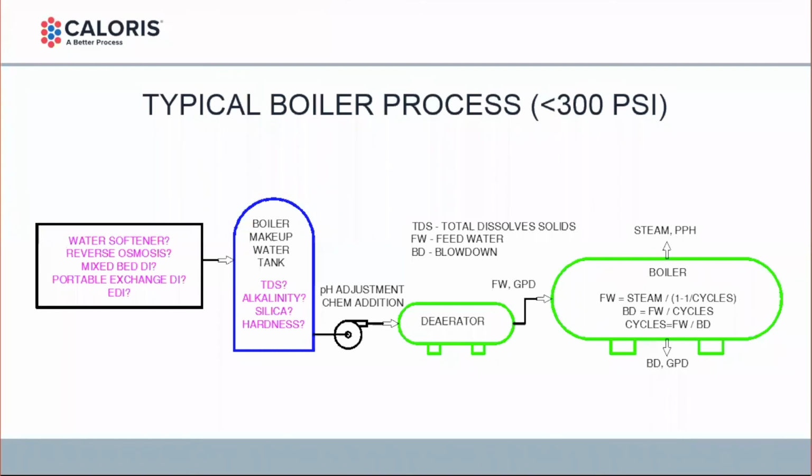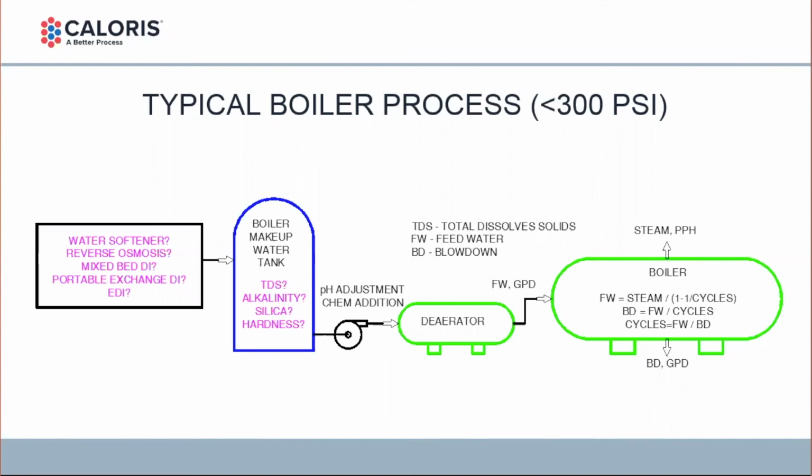Typically you'd have a water softener, maybe an RO, maybe a mixed bed DI, a portable exchange DI, or even an EDI. And I'm probably missing a few. What this equipment is going to do is reduce the total dissolved solids. You're going to have a certain alkalinity, a certain silica, a certain hardness, among other minerals.